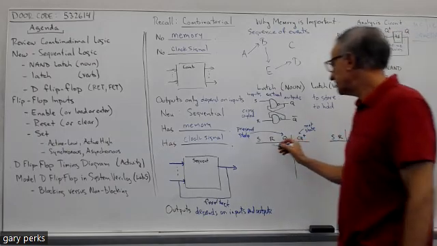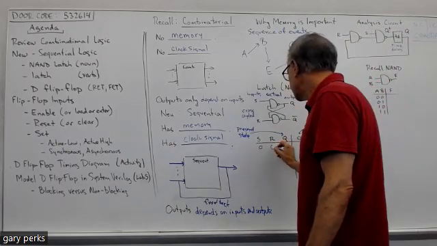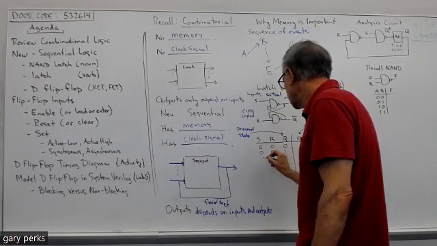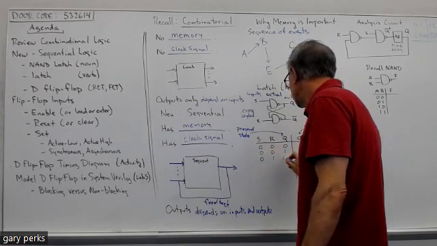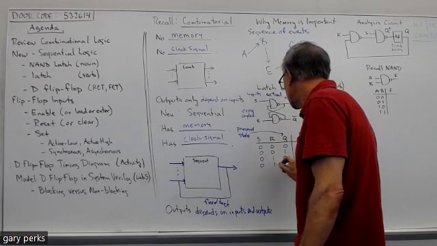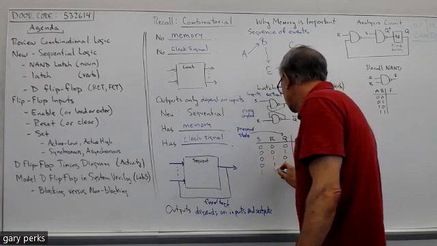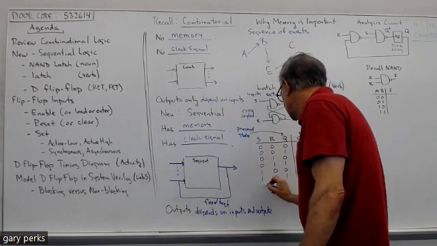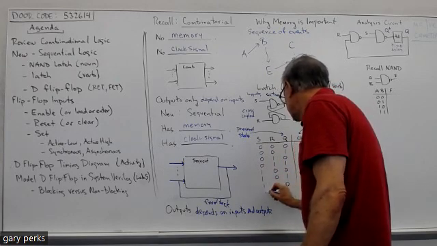So let's fill that out. I've got 0 0 0, 0 0 1, 0 1 0, 0 1 1, 1 0 0, 1 0 1, 1 1 0, 1 1 1.